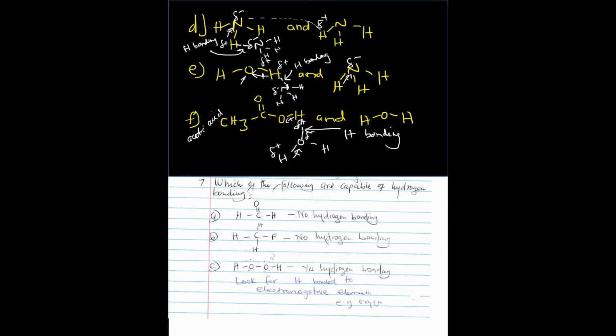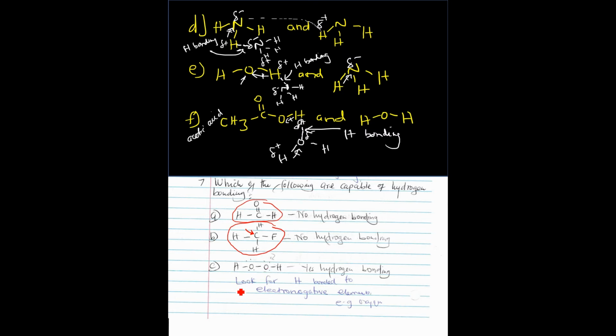Which of the following are capable of hydrogen bonding? This one will not do hydrogen bonding because no hydrogen is bonded to an electronegative element. These hydrogens are bonded to carbon, so I don't expect two of these molecules to make hydrogen bonds. Same thing here, because the hydrogens are not bonded to an electronegative element. Carbon is not very electronegative.